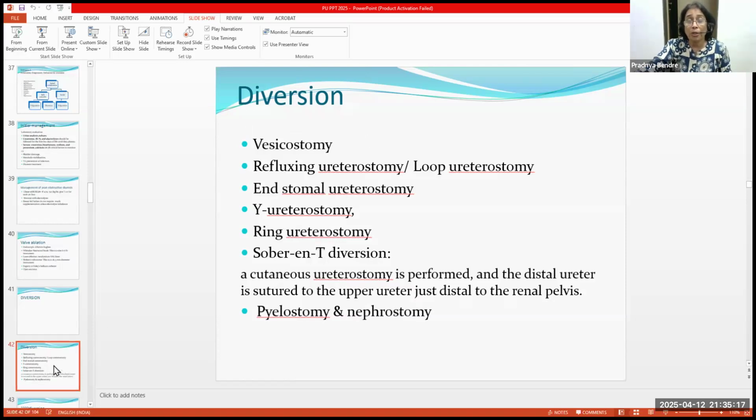So, the undoubted indications for diversion in posterior urethral valves are vesicostomy for premature children where scopes are not available, and uncontrolled urosepsis where we are not able to get rid of infection. But for raised creatinine, most of the studies have shown that in the long run it doesn't make any difference.